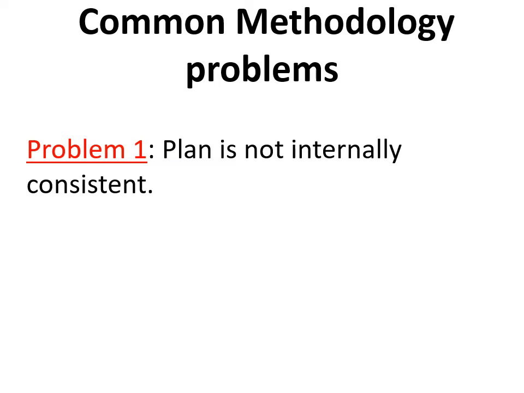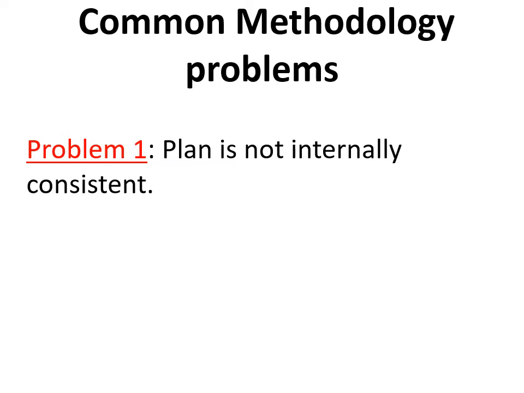Another example of a plan not being internally consistent is that you say you're going to conduct interviews, but then you later discuss your survey questionnaire. Interview guides and interviews are different from surveys. Another example might be that you have an interview guide that is actually just a survey.